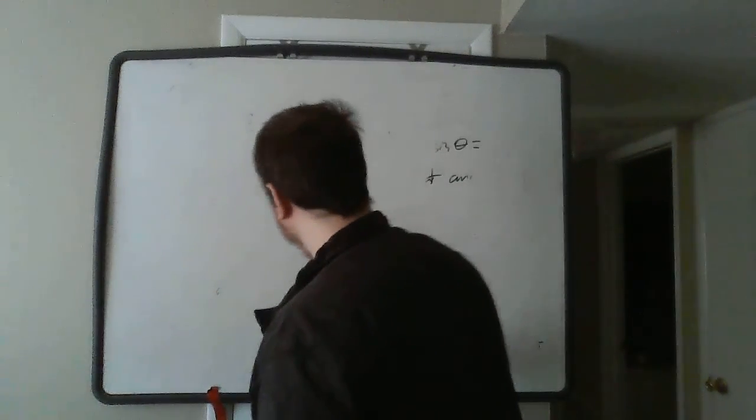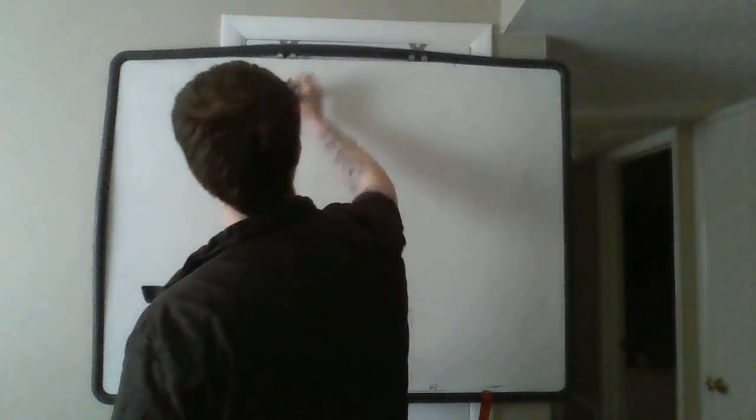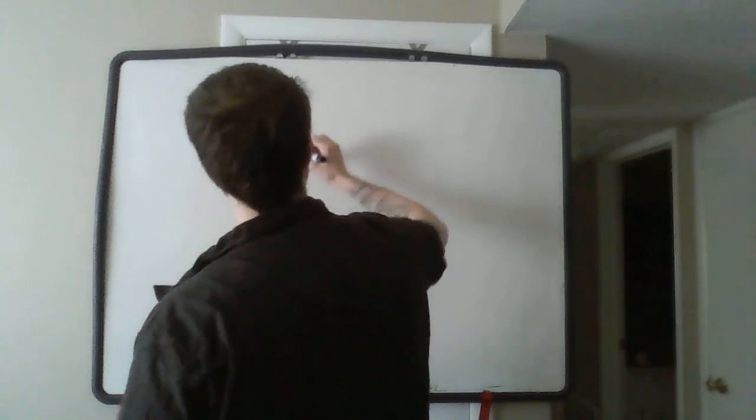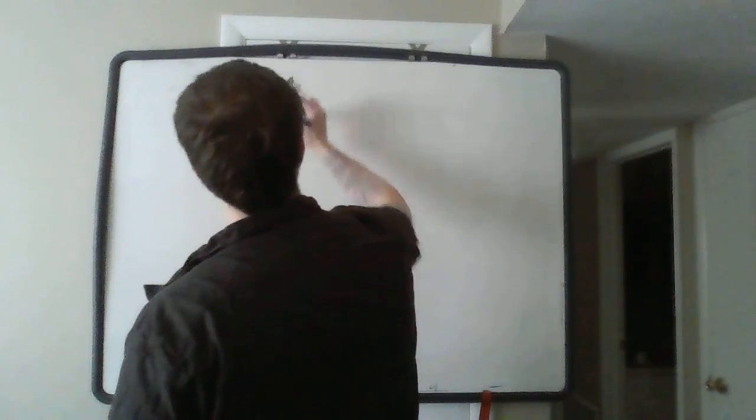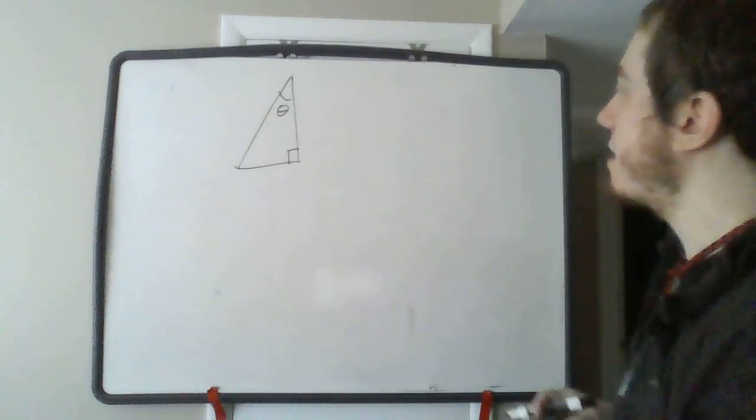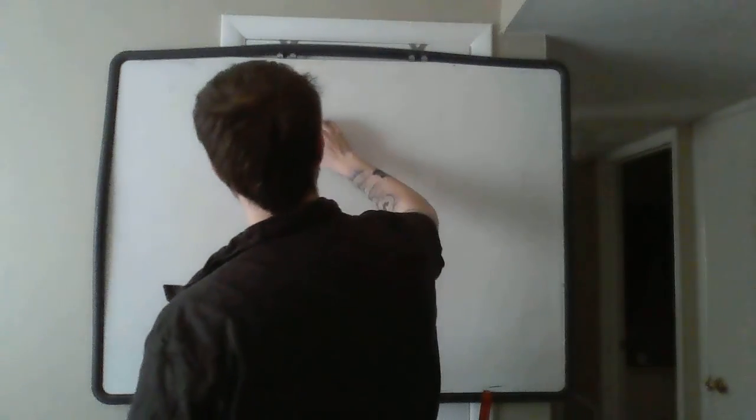Now, sometimes these problems are going to be given to you in a slightly different way. So instead of what we just had there, what if we did the following example? Here I have a right triangle, and I'm going to put my angle theta up here this time, and I'm going to say that I know that this side has a length of 3.